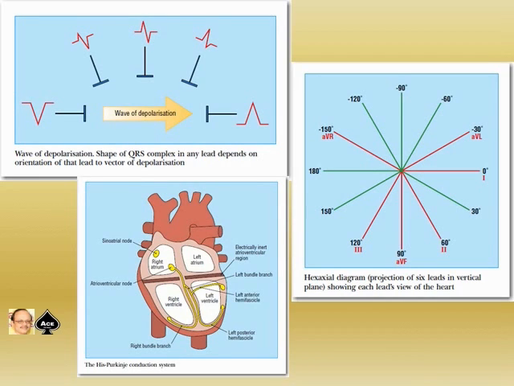The important point is that the positive lead of 1 is 0, that of 2 is 60, and that of 3 is 120. That means if positive deflection is seen, in 1 it is 0, in 2 it is 60, and in 3 it is 120. If you see positive deflection in AVF, it is 90 degrees.